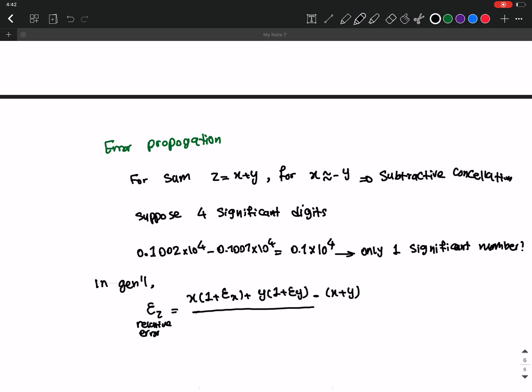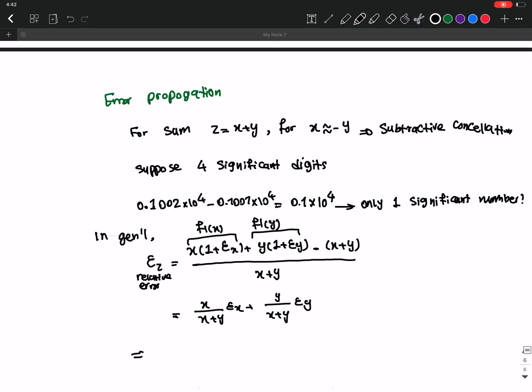So those are the floating representation of x, and the floating representation of y, over x plus y. Right? So this is going to give me x over x plus y times error x, plus y over x plus y times error y.